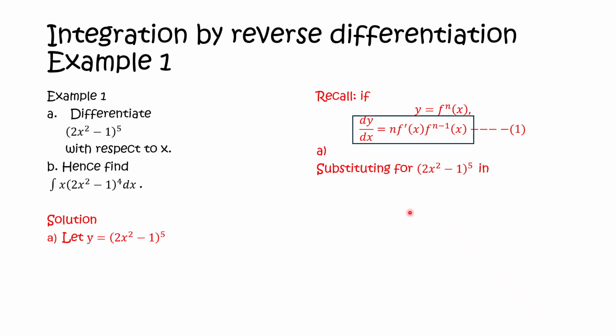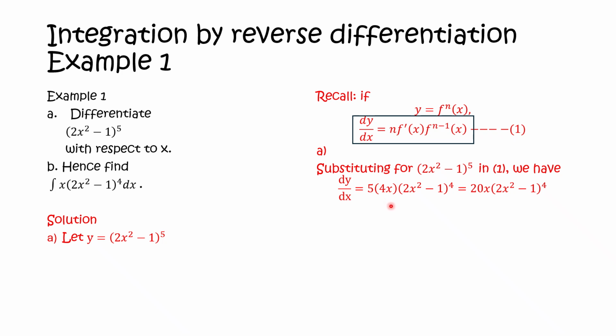So for A, we substitute for all the values that we have. For instance, our n is 5. Then if we differentiate what is within the parentheses or brackets, we would get 4x.